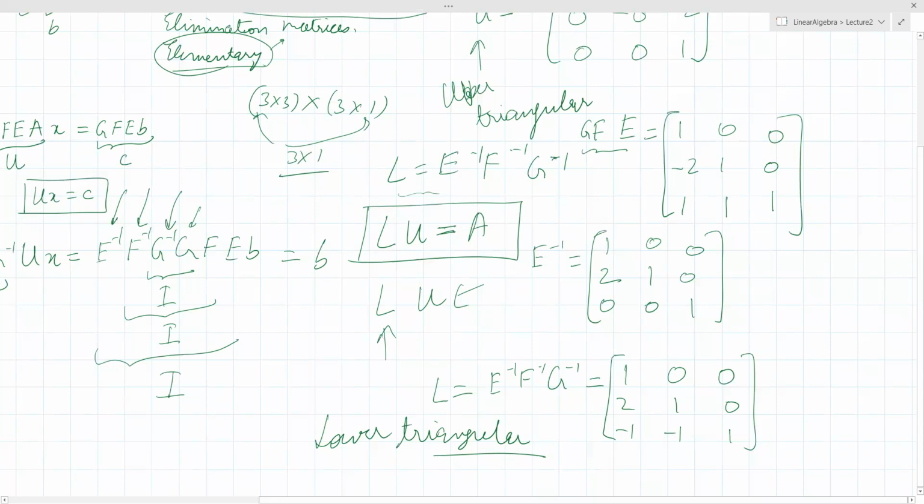Yes, sir. So this is LU decomposition, and today we understood how this works. Most matrices can be factored into these two components, L and U, and they'll give you various things.